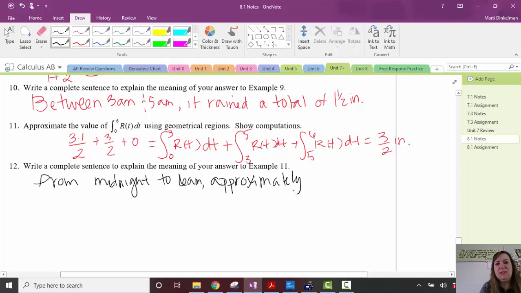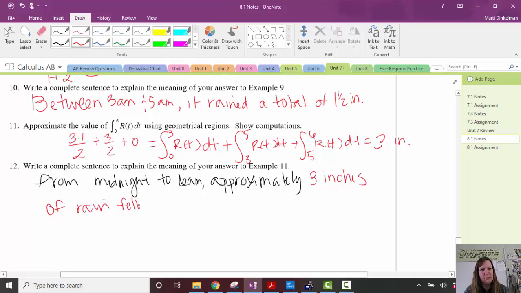Oops, that's not 3 halves, that's actually 6 halves. Hopefully somebody was going to fix my work there, so that should be 3 inches. Approximately 3 inches of rain fell.